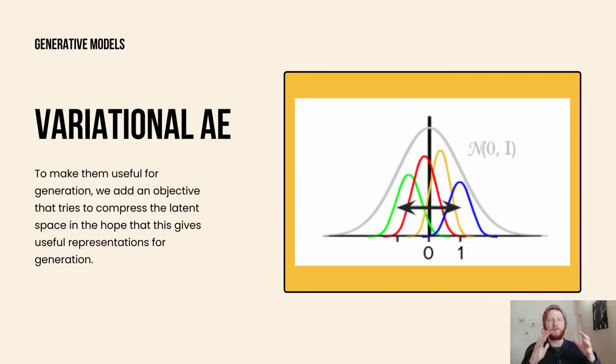Because it can only work with some limited area in this latent space, and is restricted to following some overall distribution, we might say. And so to do this effectively, it has to really be efficient with how it maps out that space. In particular, this gives us a much more useful representation. And when we randomly sample from within this distribution, we tend to get more plausible outputs. So this is a much better generator than a simple autoencoder.